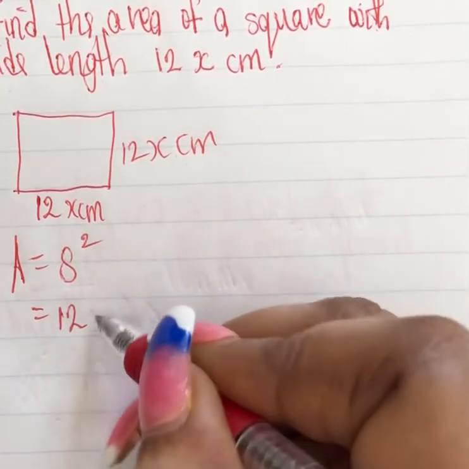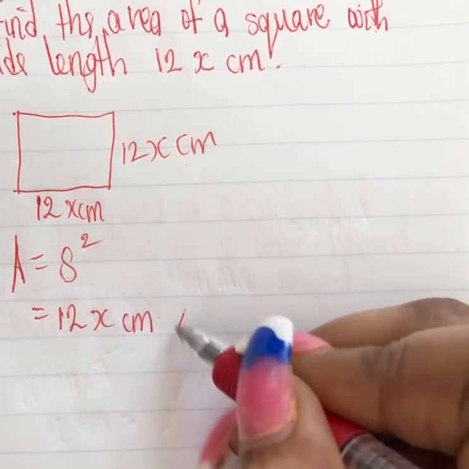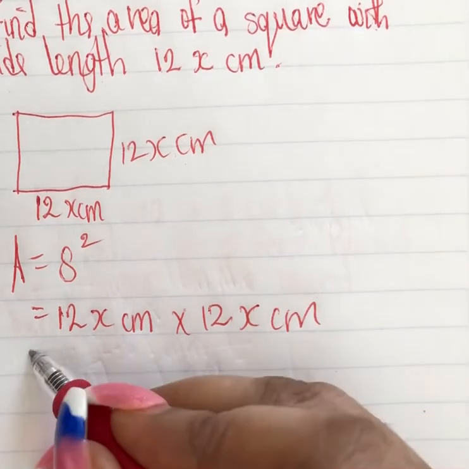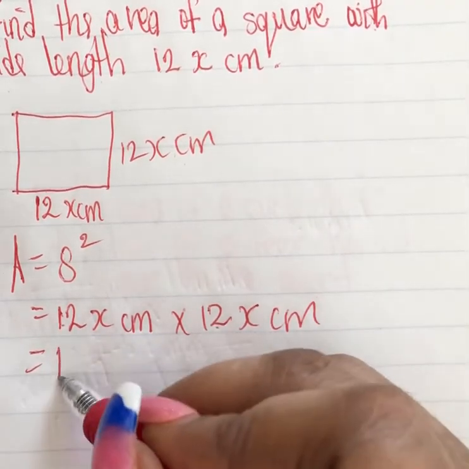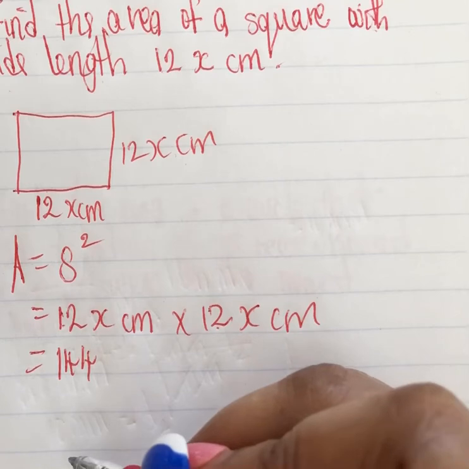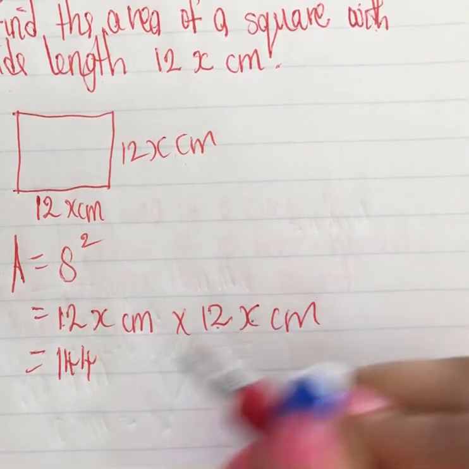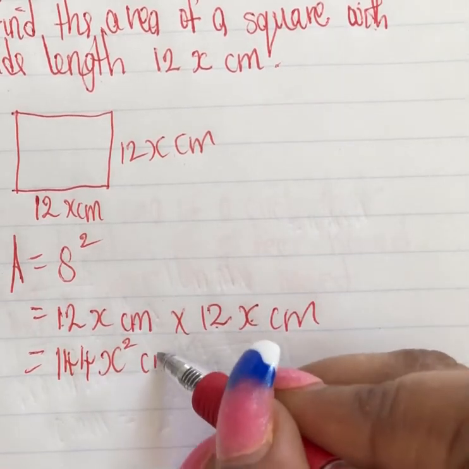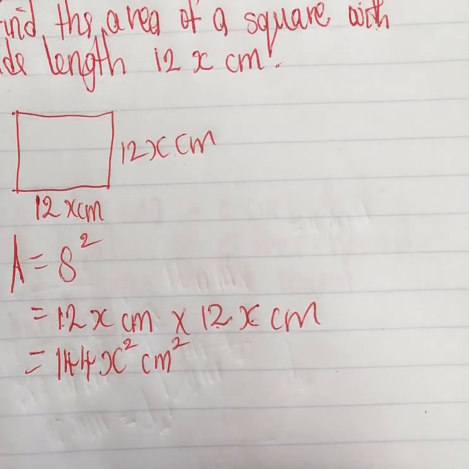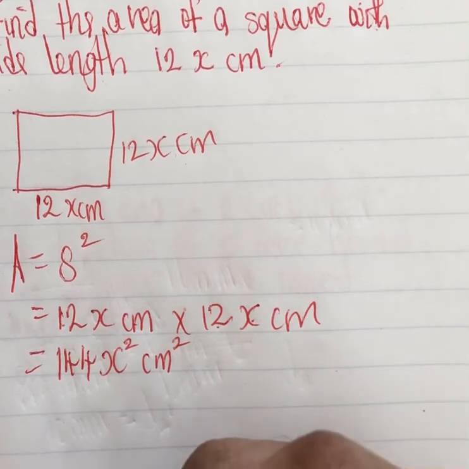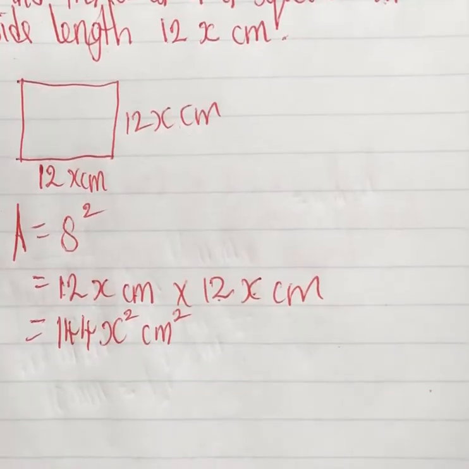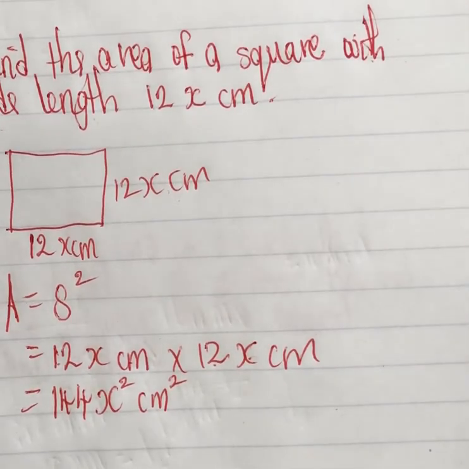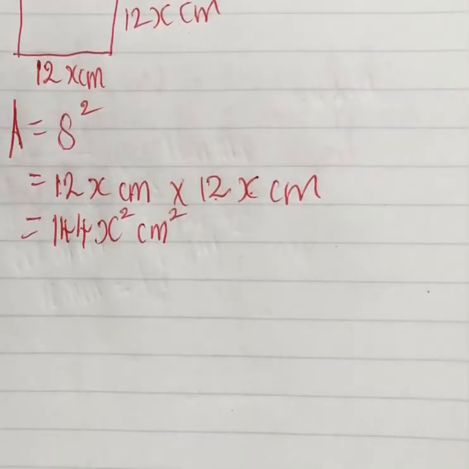So it will be 12x cm multiplied by 12x cm. 12 multiplied by 12 is 144. X multiplied by x is x squared. Cm multiplied by cm is cm squared. 144x squared cm squared. Okay? You may review at any point.